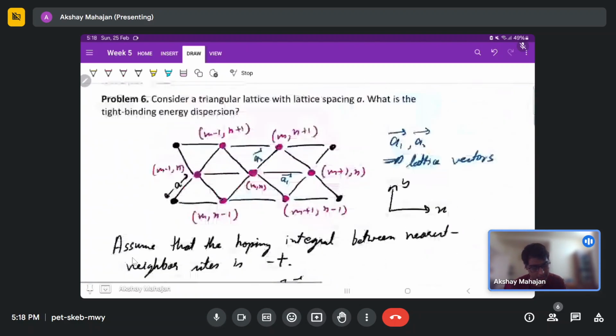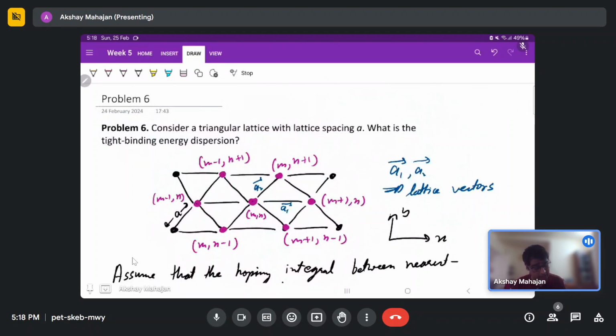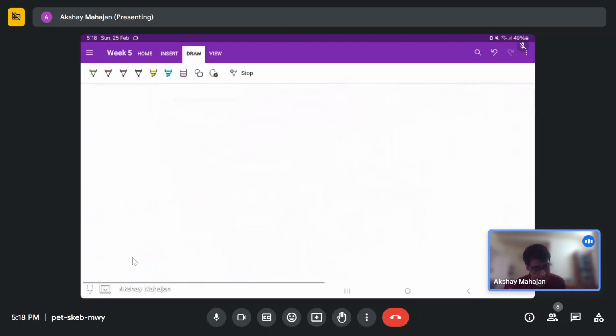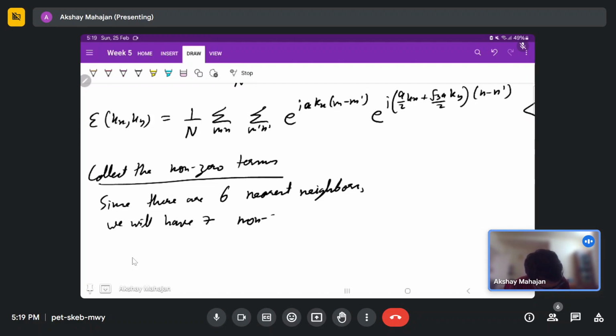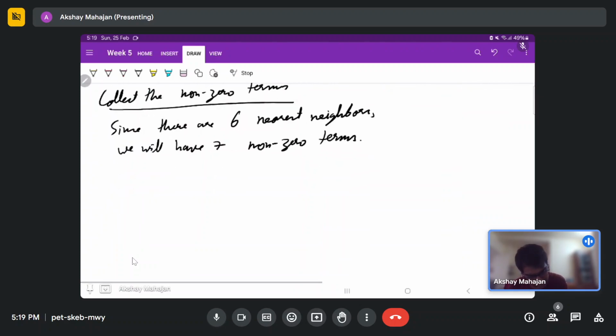So in this diagram we have 7 purple points, so we are going to have 7 terms because we have 6 nearest neighbors. We will have 7 non-zero terms.